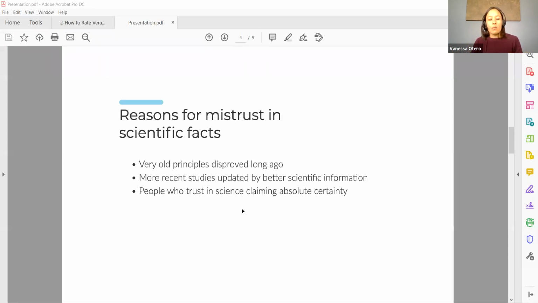The other reason that people lose trust in scientific facts, or just lose trust in general, is because they can point to folks who legitimately trust in science, but then claim absolute certainty, even though you can't have absolute certainty.